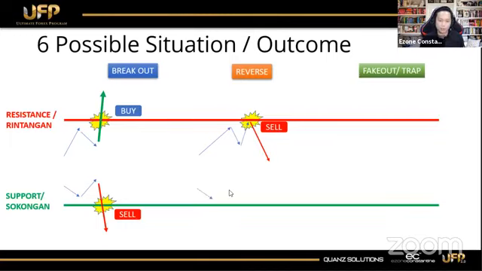Now, let's talk about when the price is on the way to meet the nearest support level. Assume this is the Forex market. Now, the price is meeting a very, very strong support level. The price wants to go down and break this level, but in this area there are too many, too strong buyers supporting. Instead of breaking down, the price reverses and goes up. For a forex trader, if they see something like this, they would take the opportunity here to buy.